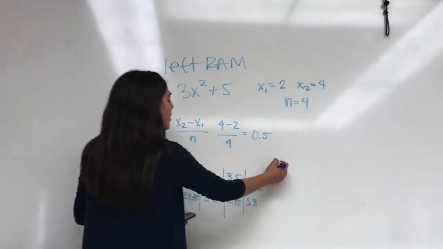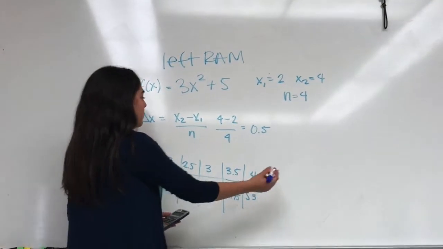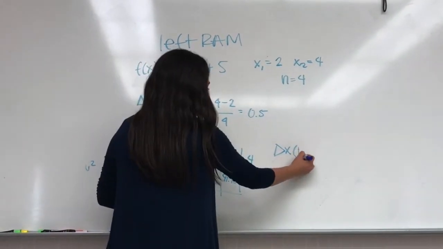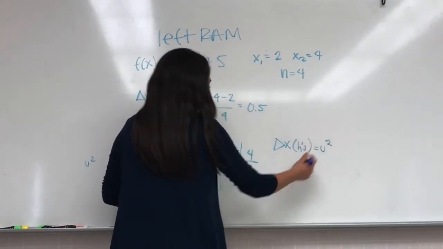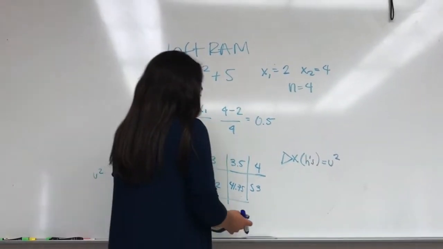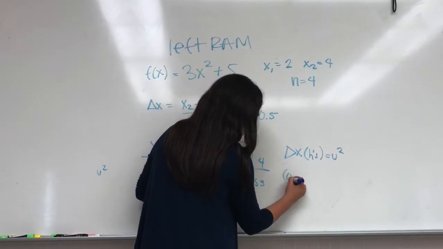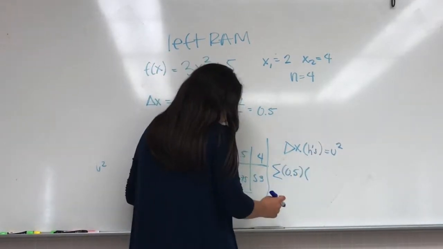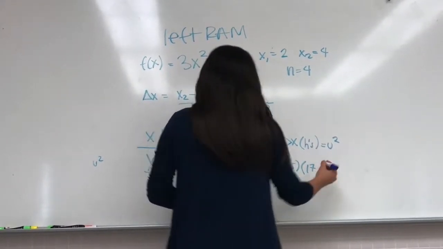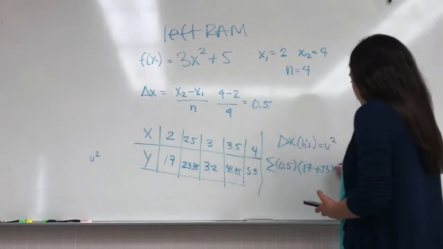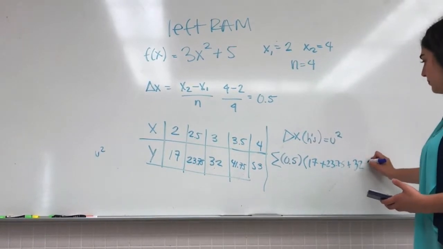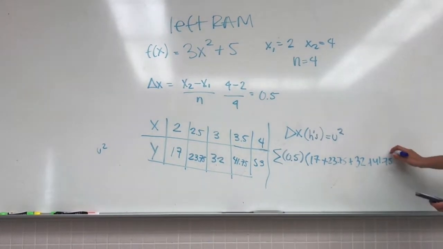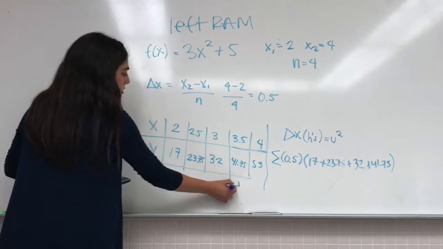The easy way to find the left RAM is to do delta x times all of these, which are the heights, to get the unit square. So we will do 0.5 times 17 plus 23.75 plus 32 plus 41.75, and until here, because we're only taking the values of the left RAM.